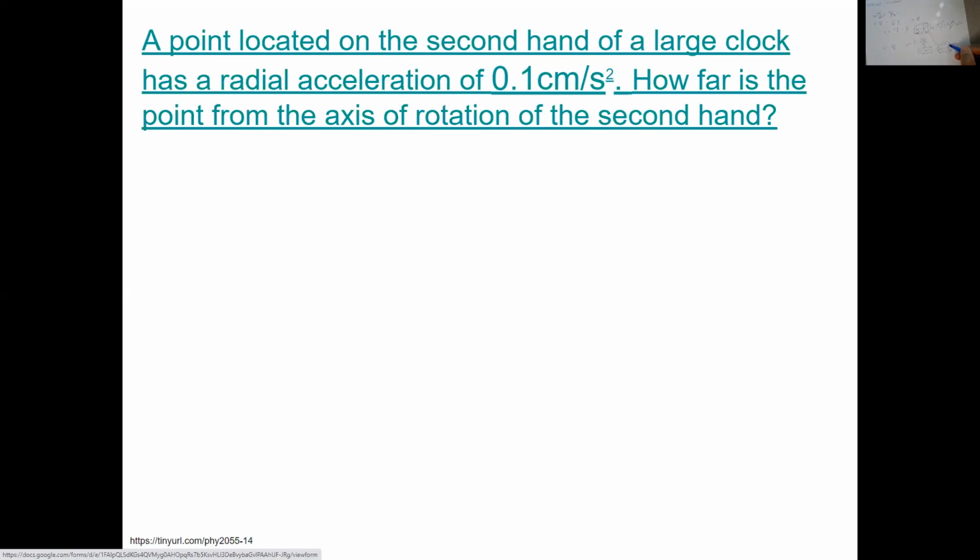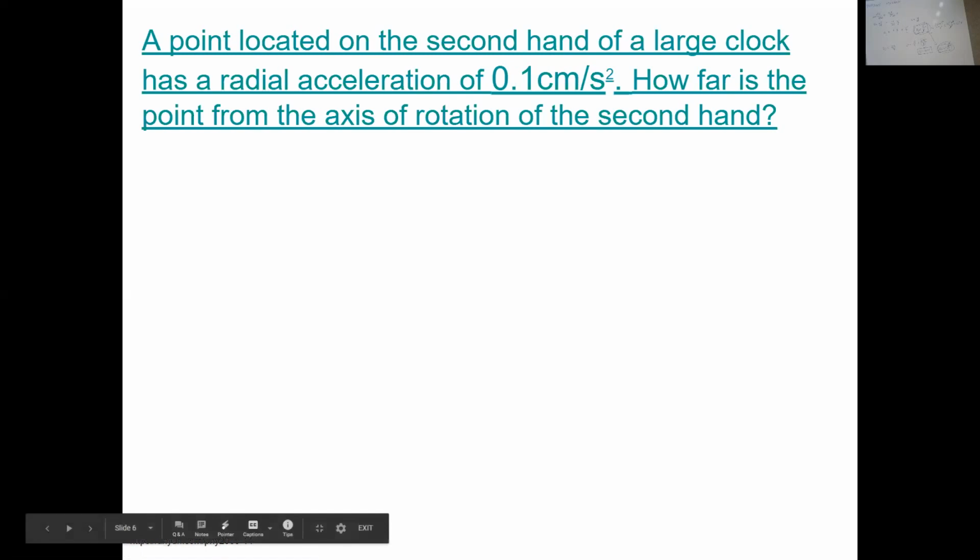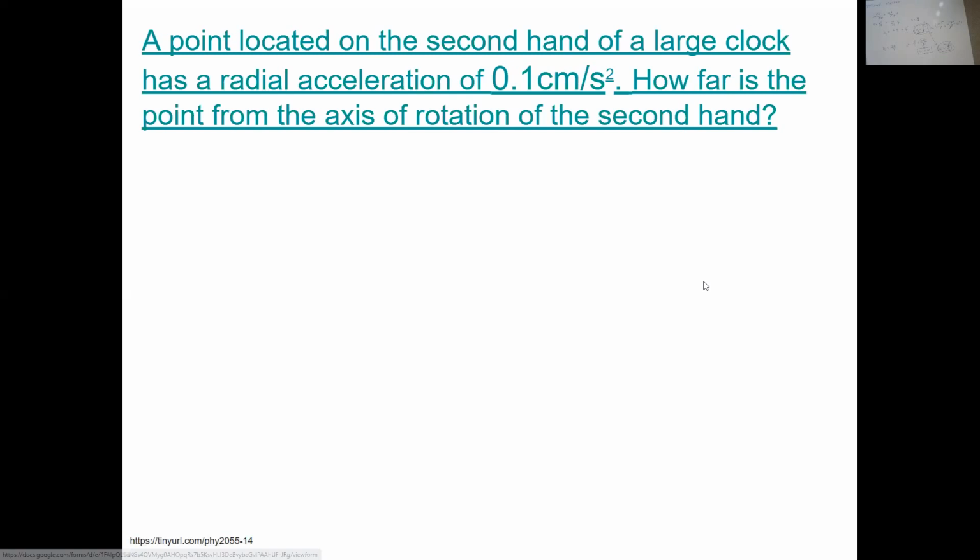So think about whether you can figure out either the speed or the angular velocity, and then you should be able to solve for that. If you have your answer, you can click on the problem here to submit your answer.